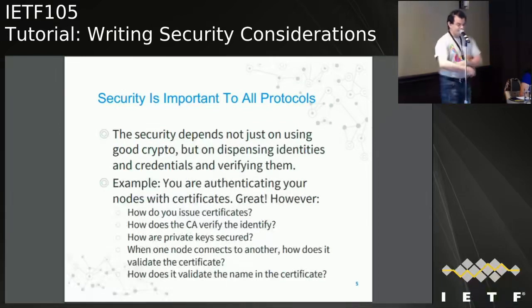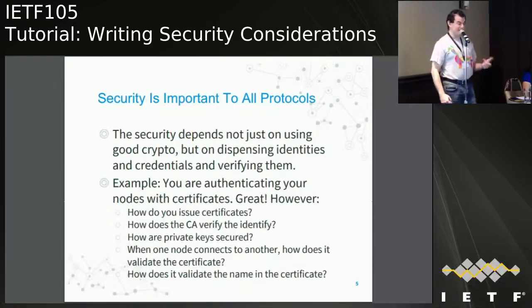The security of a system depends not just on using good crypto, which TLS and IPsec will provide you, but also on dispensing identities and credentials and verifying them. Suppose you have a protocol and you decided to use certificates to authenticate all the nodes within the system. Great. But who issues the certificates?